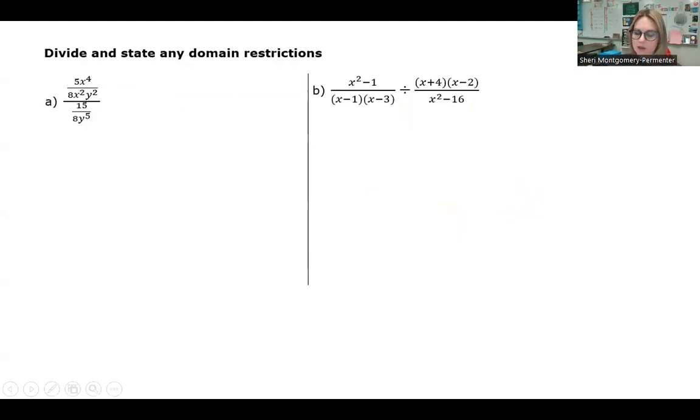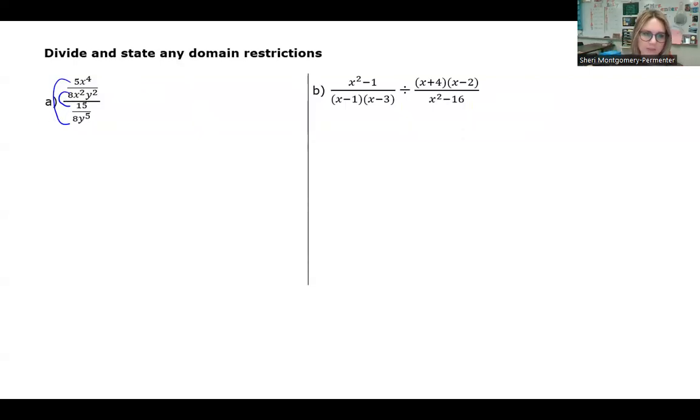The earlobe method doesn't help a whole lot when you're doing fractions like this. It helps more when you're doing things like on your homework. But the earlobe method tells us the things that are going to go together. So it kind of looks like an earlobe. The top will go with the bottom and then the middle will go together when you flip it.